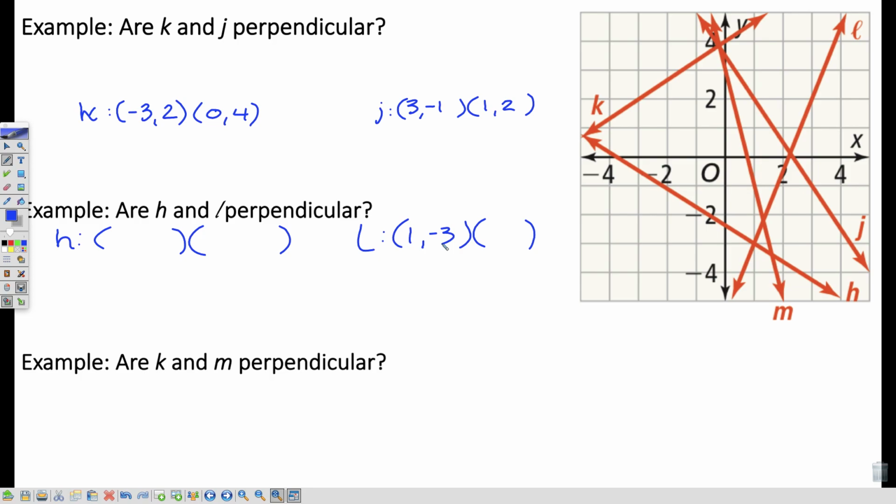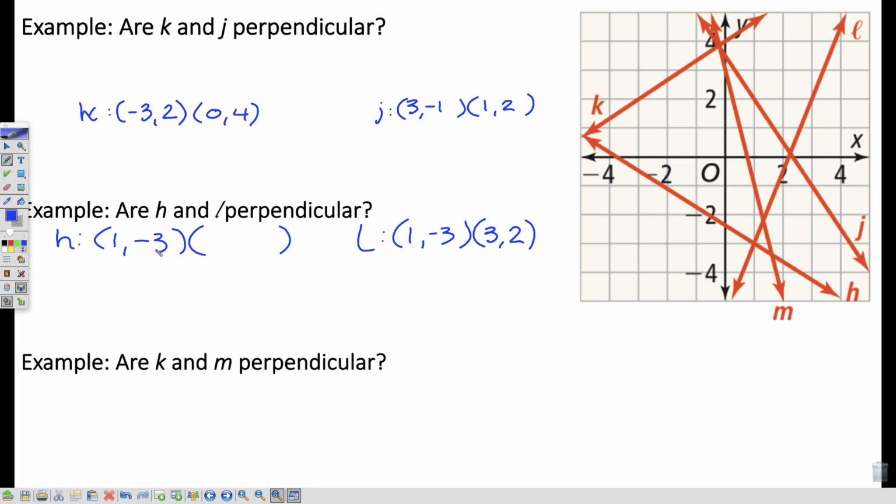That's H, not L. Yeah, I was doing H. But L is also 1, negative 3. Okay, so we need another one for L. Yeah, so 3, 2. Okay, and then we said H, we also could use 1, negative 3.